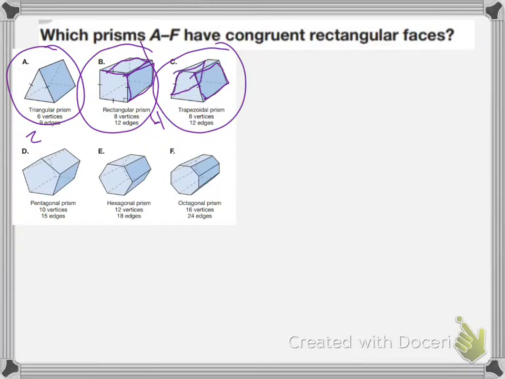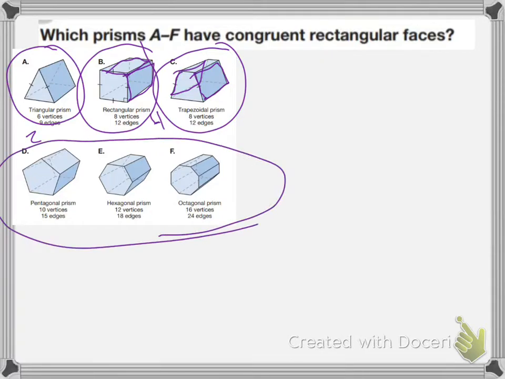Those two sides are congruent. D, E, and F also have all rectangular faces that are congruent because all of the bases of these polygons are regular, which means that they are the same, which means that everything has to be the same size.